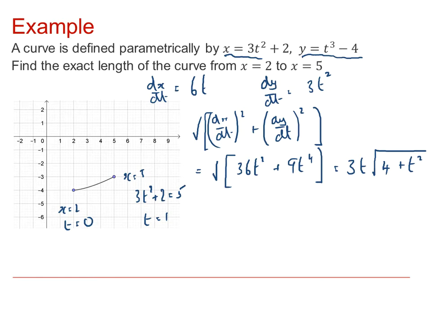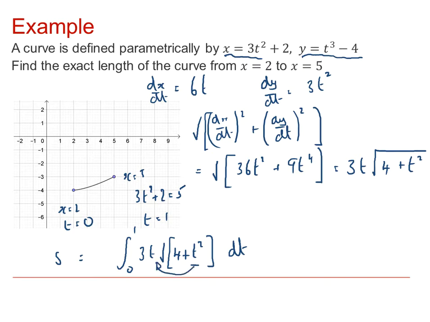And therefore the arc length s will be the integral from 0 up to 1 of 3t, and then we've got the square root of 4 plus t squared dt. Well, we can see that inside the square root is t squared, and outside there we've got t, which is just the derivative of that.